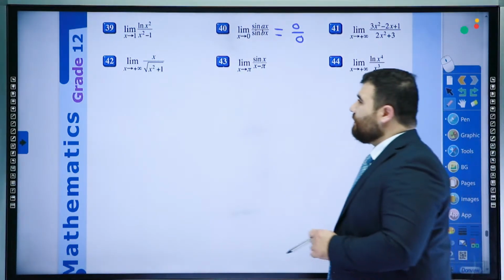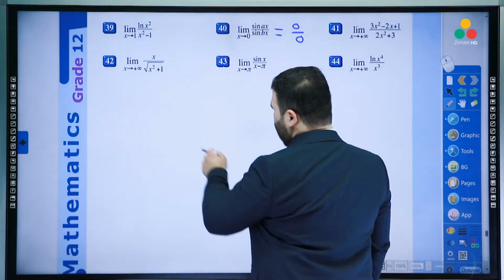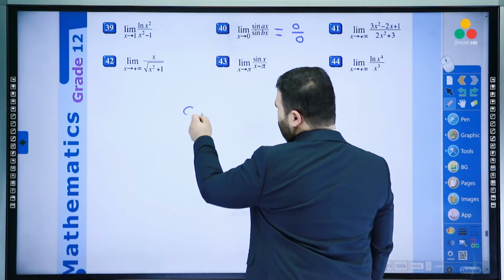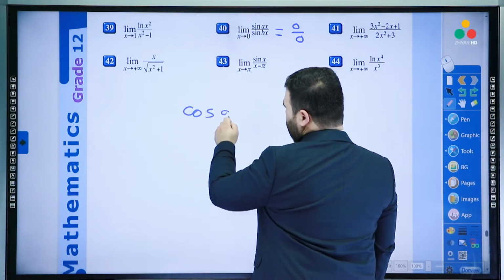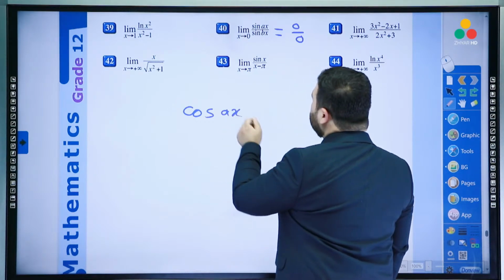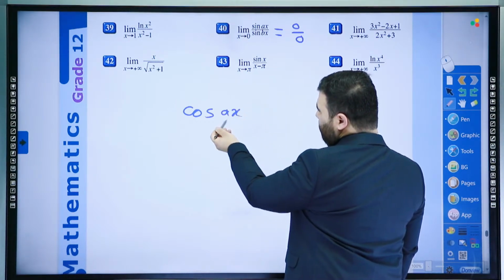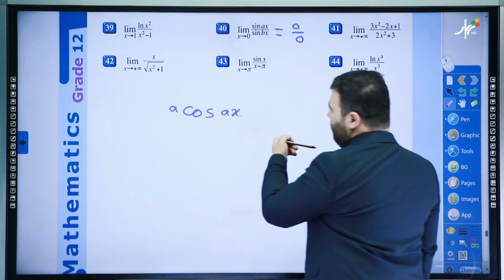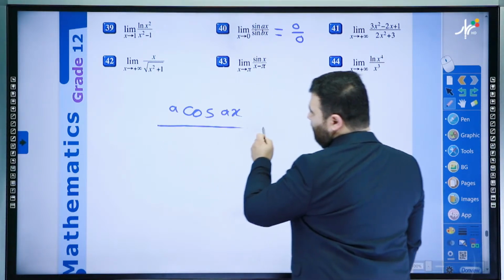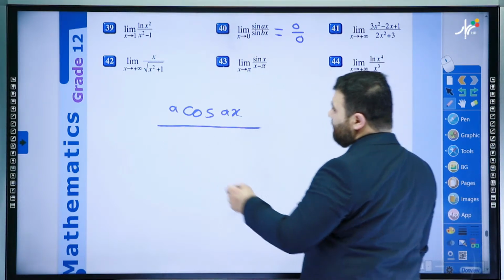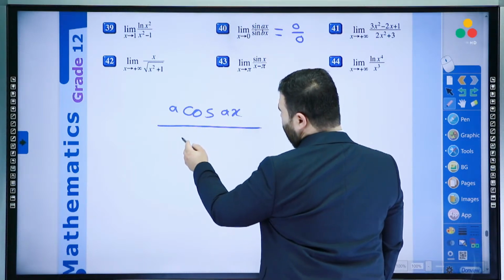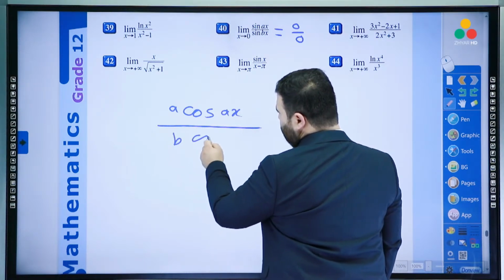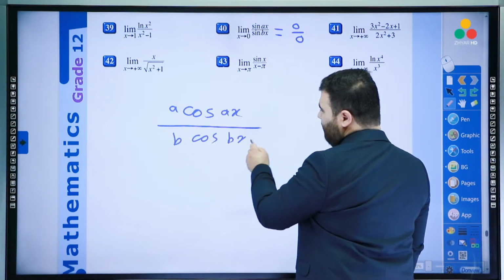Using L'Hopital, derivative of sine AX. Derivative of sine is cosine AX times the derivative of inside. Derivative of AX is A. So it's A cosine AX over, for sine BX, it will be B cosine BX.